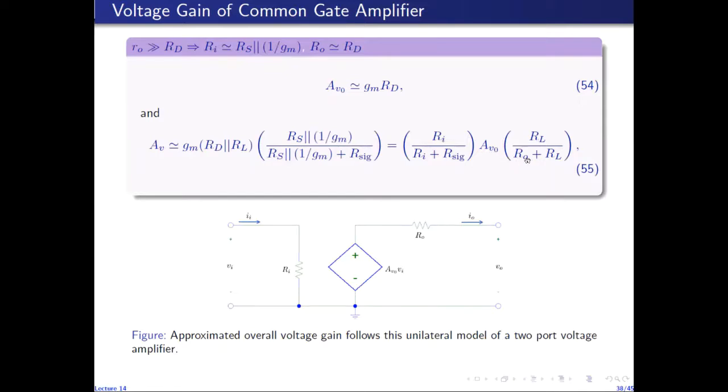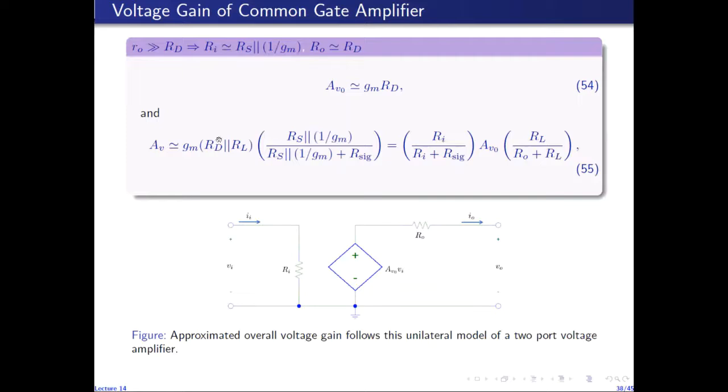So I have this factor times AV naught times VI, and VI is RI over RI plus R sig times V sig. So V sig can be taken to the other side. VL over V sig will give me AV, and you'll see that from this circuit of the unilateral model of a two-port voltage amplifier, I get this expression for the voltage gain VL over V sig.